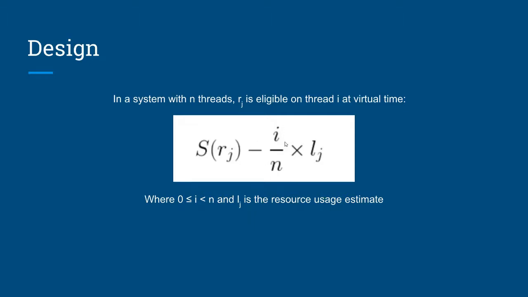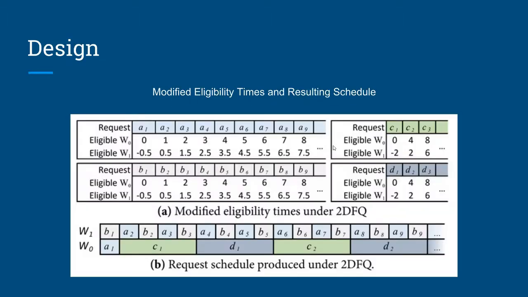So as you get towards the high threads, you're approaching 1 right here, you could have an adjustment by your whole resource usage estimate at the top end of this. And then you have an adjustment of fractions of it corresponding to how many threads are in the system all the way on down. And what this allows it to do is those short bursty requests run on the lower levels, and those longer ones end up running up higher.